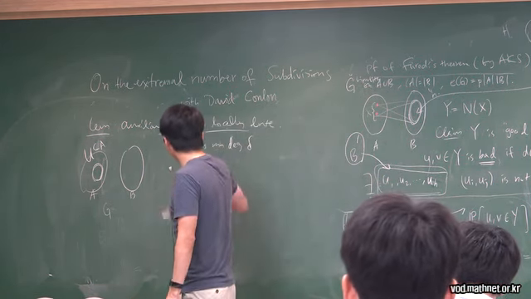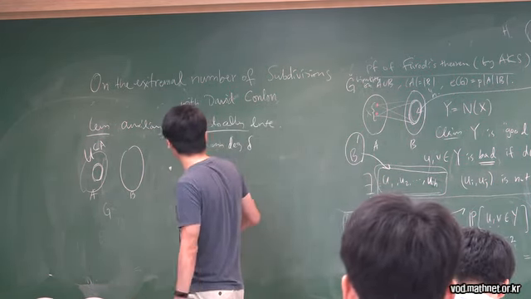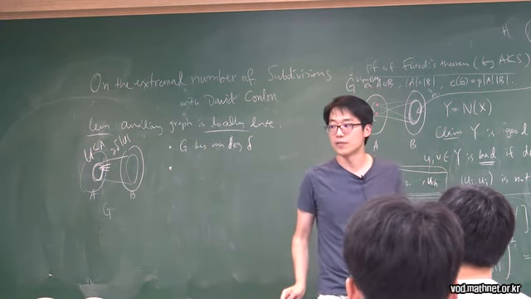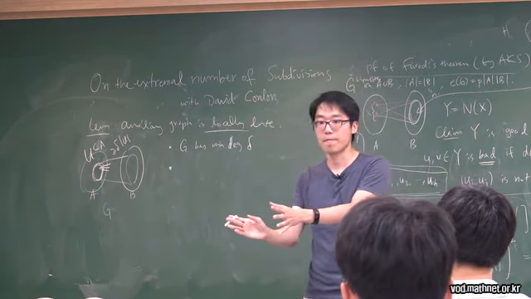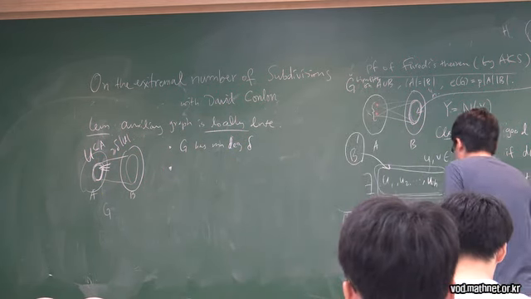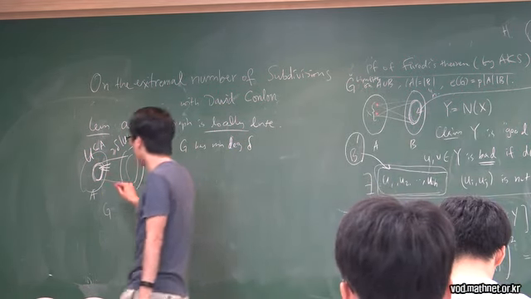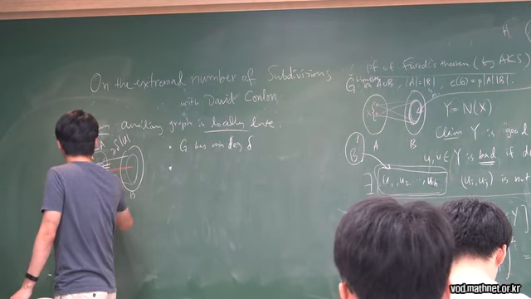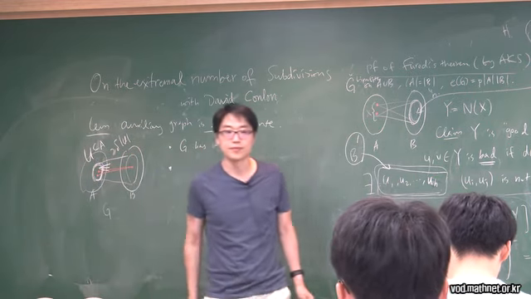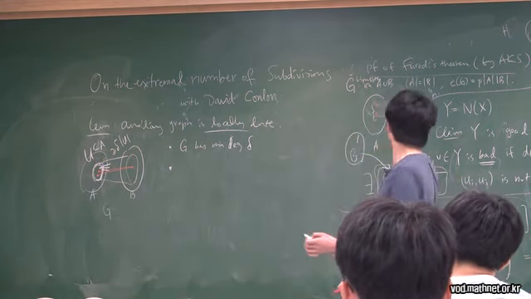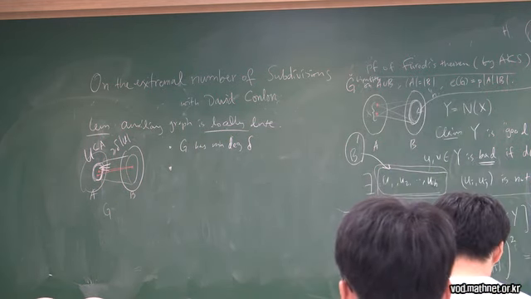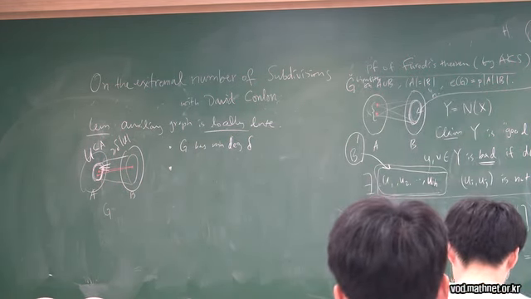Let me look at the vertex set U here. Because of the minimum degree condition, there are at least delta times the size of U edges from U to B. And what I'm going to do is count the number of K21s like this. Sounds quite familiar? It's basically the same argument as given here.